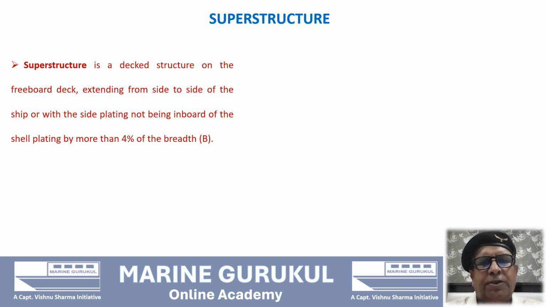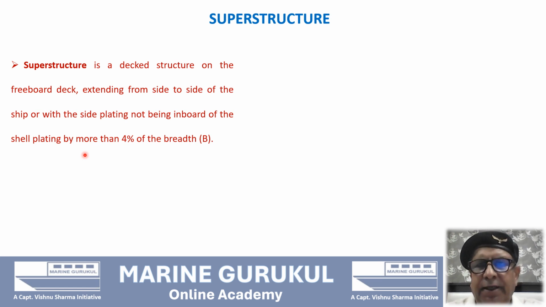Superstructure. Superstructure is a deck structure on the freeboard deck. So it's a structure above the freeboard deck, and the structure itself has its own deck. So it's a decked structure above the freeboard deck, extending from side to side, that means full breadth of the ship, or with the side plating not being inboard of the side of the ship by more than 4% of the breadth.